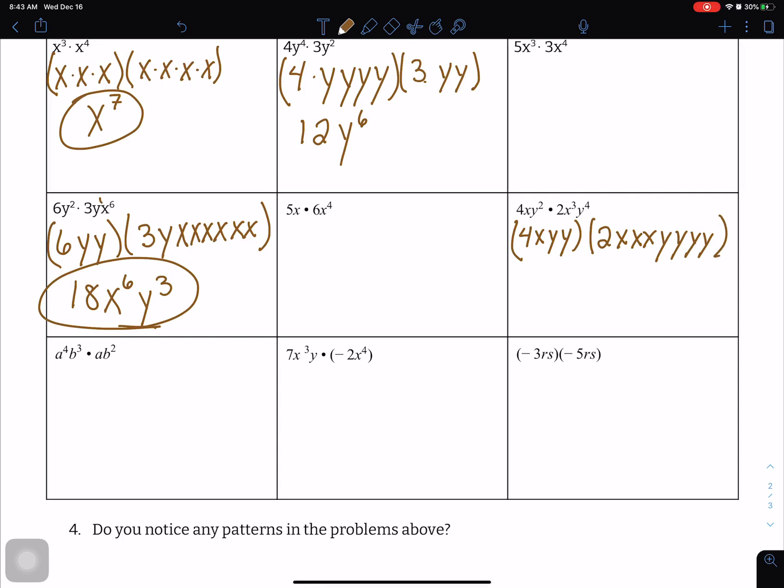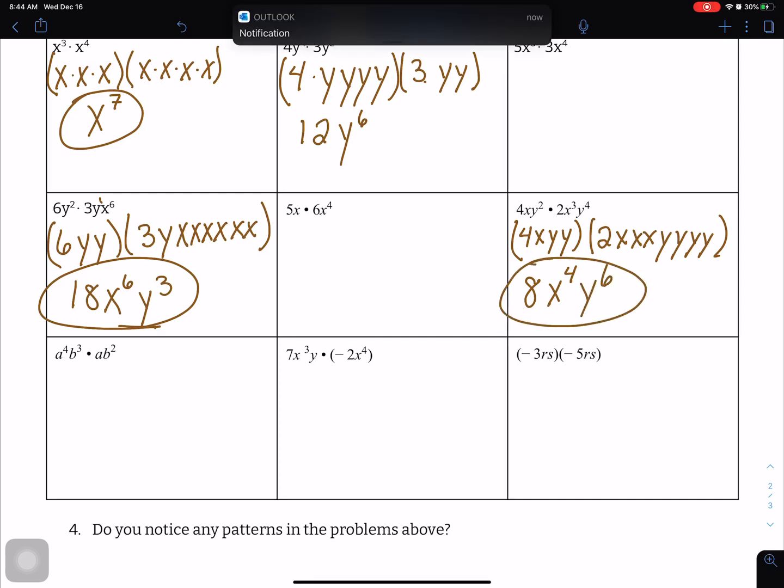And we are multiplying. So that means I'm multiplying my numbers. 4 times 2 is 8. When I multiply my x's, I count up how many I have. And x to the 4th is how I write it because it's the same as saying x times x times x times x. It's just, again, simplified. And then if I count up all my y's, I have 6 total. So it's 8x to the 4th, y to the 6th.